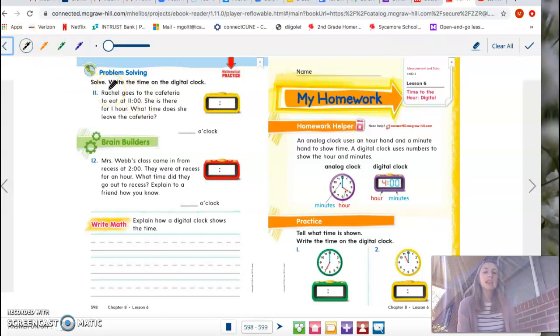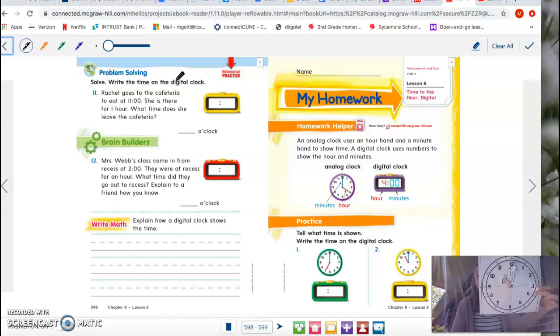And let's read. It says, Rachel goes to the cafeteria to eat at 11 o'clock. She is there for 1 hour. What time does she leave the cafeteria? Well, one of the ways that we can figure this out is pulling out our clock. And we can make our clock say 11 o'clock. The short hand points at 11. The tall hand points at the 12. And we need to move our clock 1 hour.